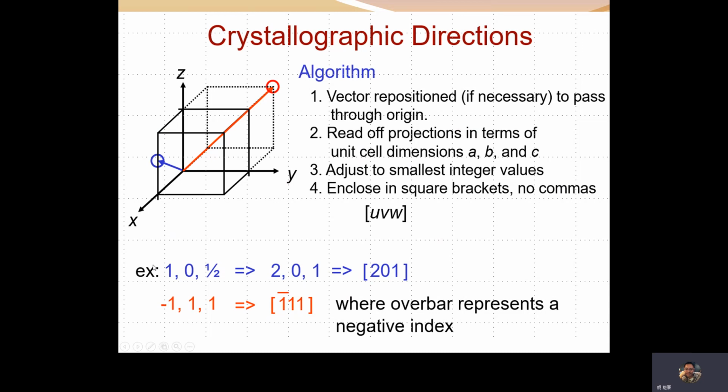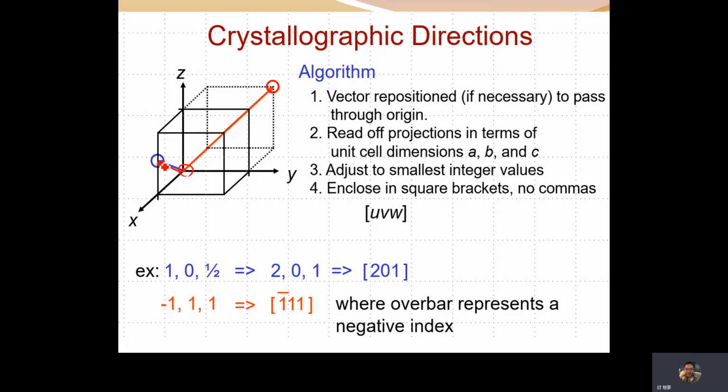For example, let's calculate the vector from the origin here, if it is a unit cell. First, the vector is repositioned to pass through the origin. So this vector passes through the origin, no problem. Then read off the projections in terms of unit cell dimensions a, b, and c.